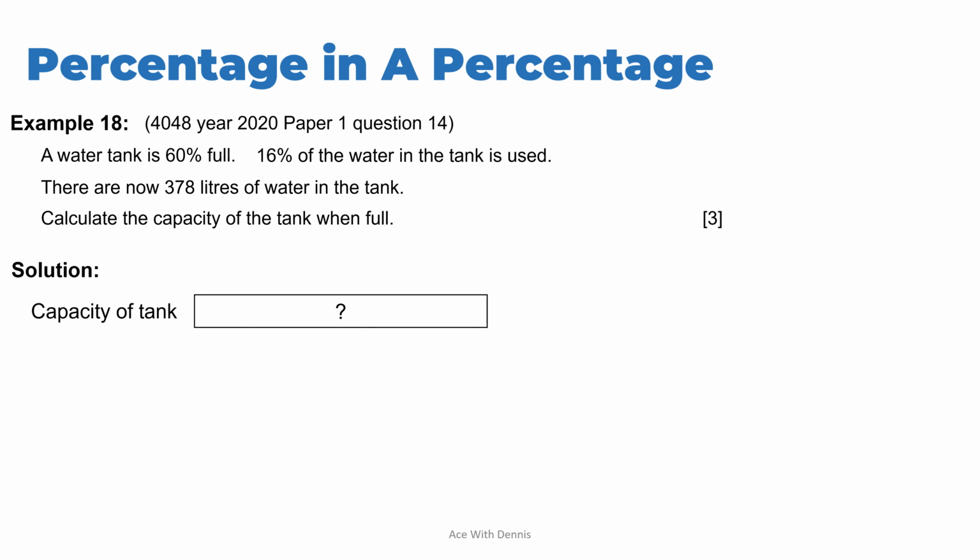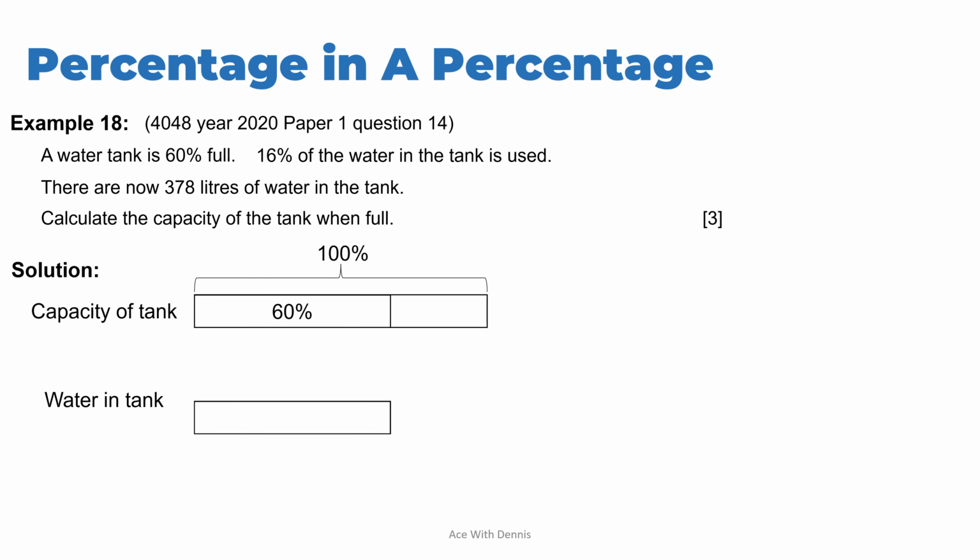So we need to draw the bar model to understand the whole situation here. So we need to find the capacity of the tank, then I put a question mark here. So this quantity is used as the reference quantity, so it is assigned as 100%. Okay, it is 60% full with water.